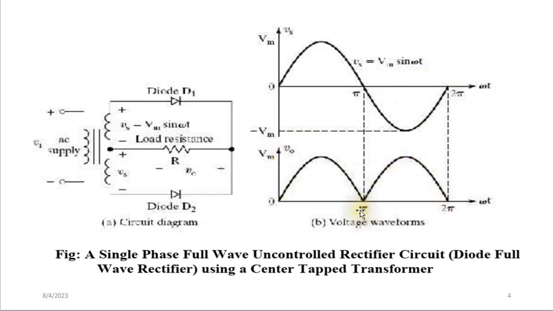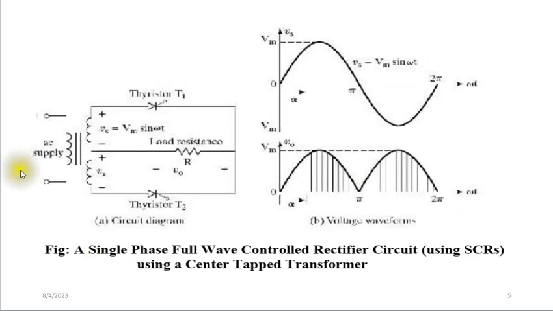Though this one is not pure DC because it is also varying, but because it flows in only one direction, we call it a DC. And here is another circuit for a full wave rectifier, but this one is controlled because we are using thyristors in place of the diodes, but the operation remains the same.